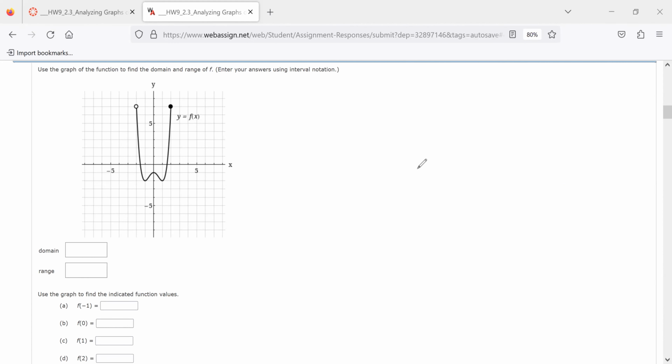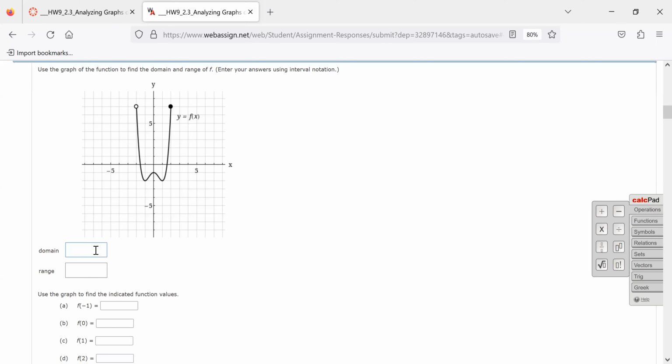I did have a question actually. Yeah, what's up? On the homework, it only lets me do either parentheses or a bracket. It doesn't let me do both. Try just typing it in. Let me see. Did we say the domain was -2 to 2 bracket?